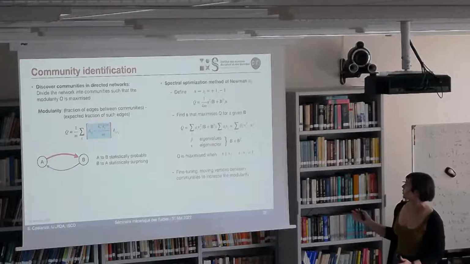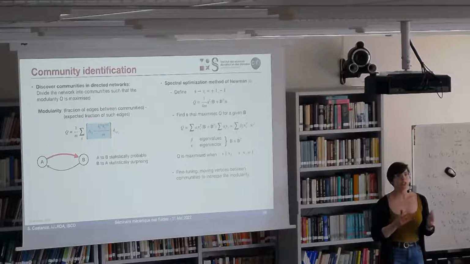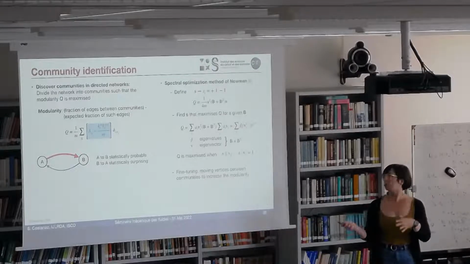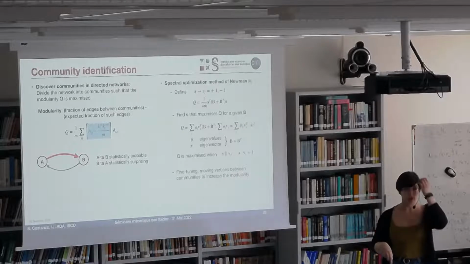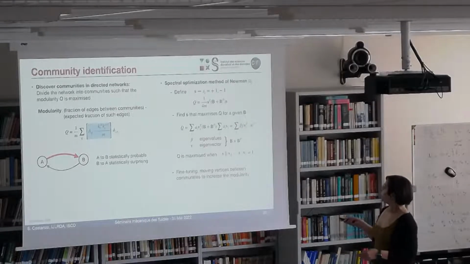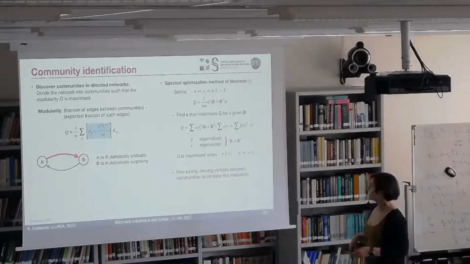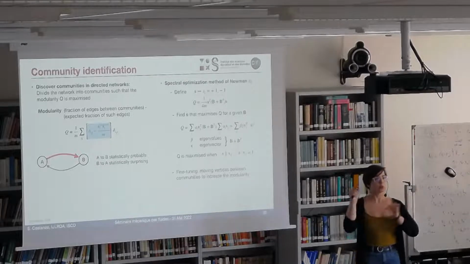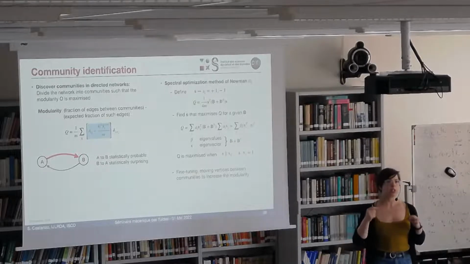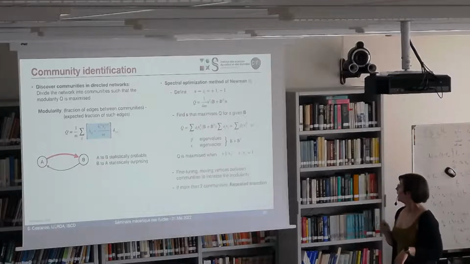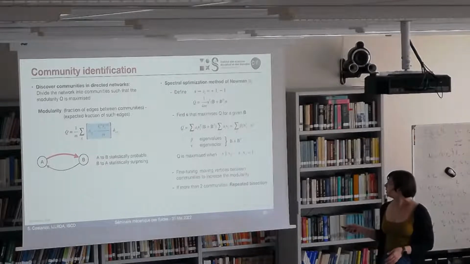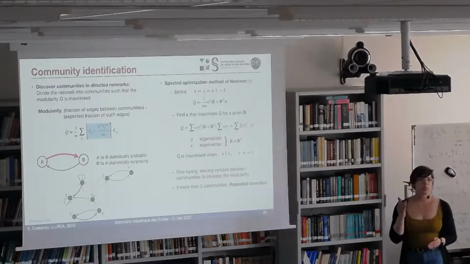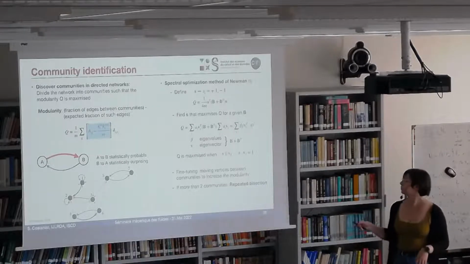Once we finish assigning labels to each node, so +1, -1, according to the direction of the eigenvector, we do a fine-tuning step in which we move nodes from one community to another to check if we can increase the modularity even more. And at the end, we have the graph divided into 2, and we can repeat this algorithm until we get to the optimal configuration.